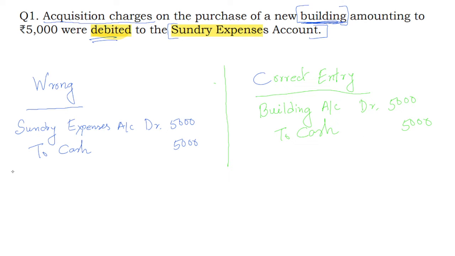So this portion is the wrong entry and this portion is the right entry. Now, can you tell me in these two entries which portion is correct, where there is no error? The cash element is correctly recorded.